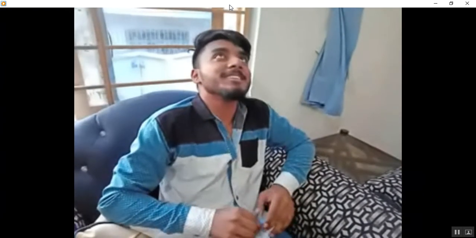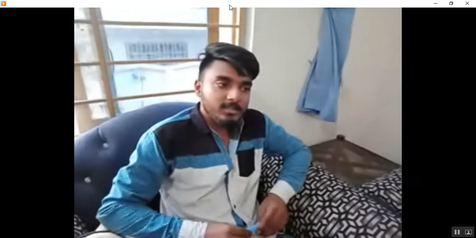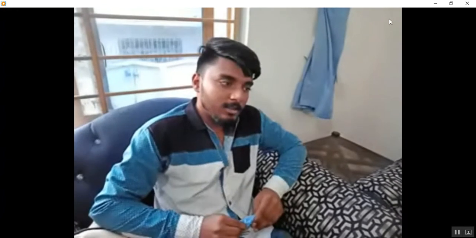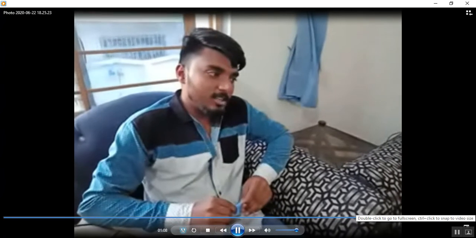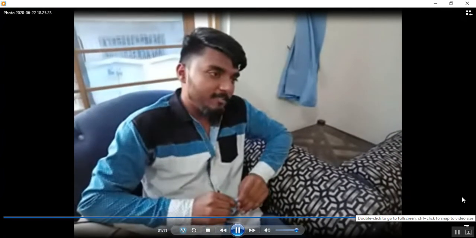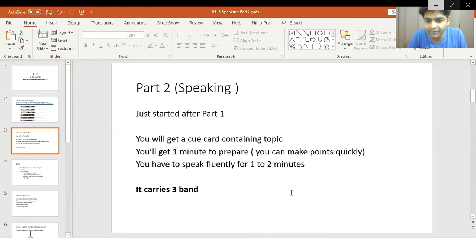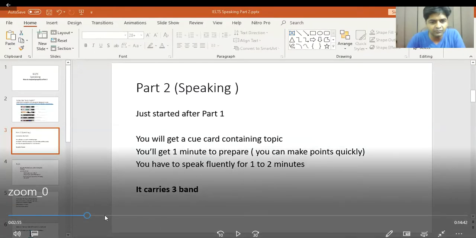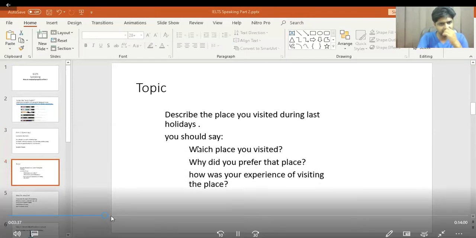I just go to some places in Naran Kagan, and my experience is so great that I also want to go there and explore more about Naran Kagan, because I think this is one of the finest place in Pakistan, and I just really want to say that if you want to see the heaven, then you have to go to Naran Kagan. Because I think this is one of the finest place.